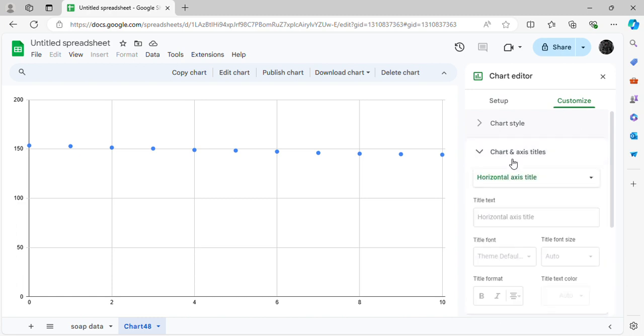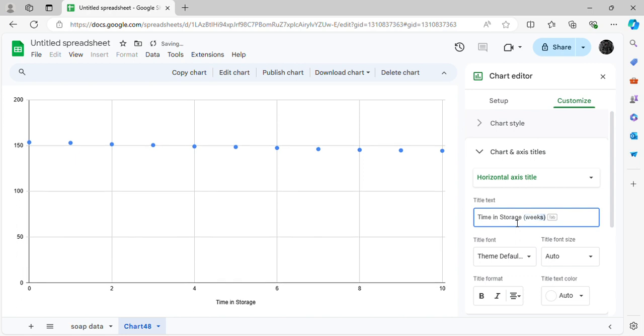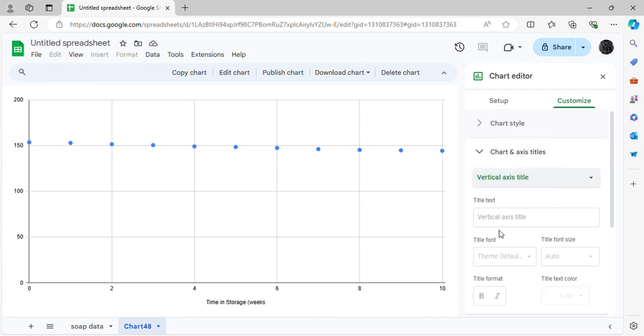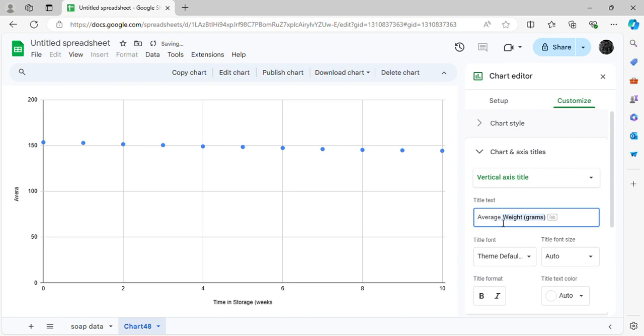For the chart and axis titles, for the horizontal axis title, tap the title text, time in storage, and that's in weeks. And for the vertical axis title, type the title text, average weight, and that's in grams.